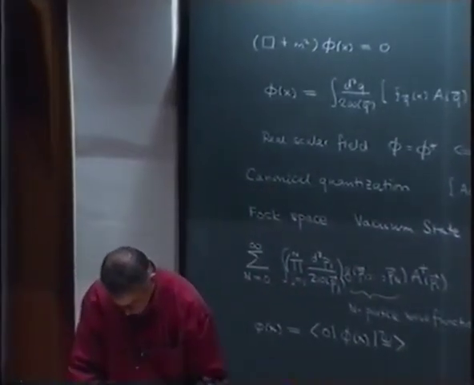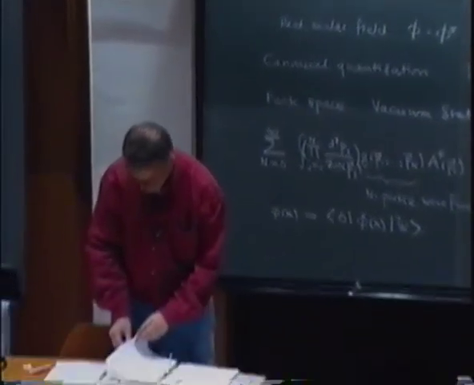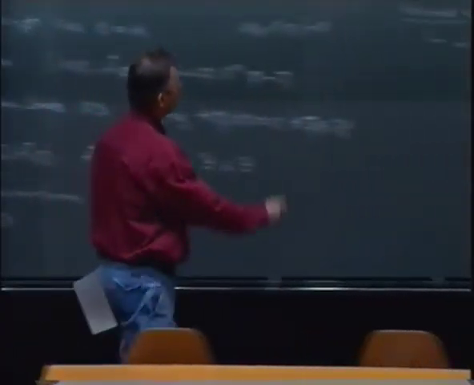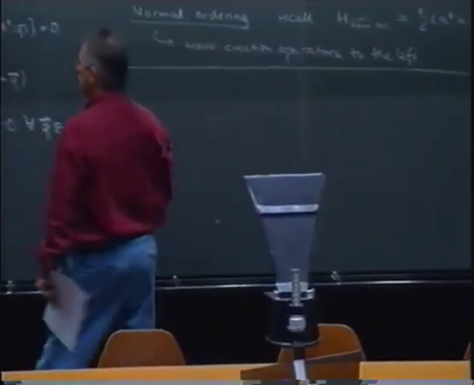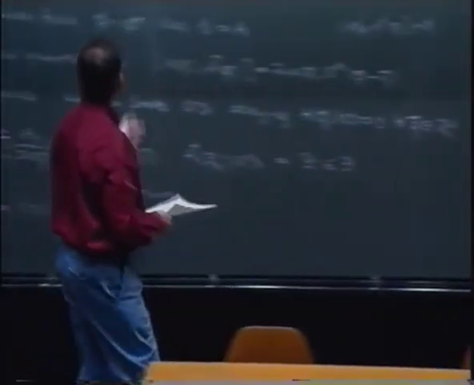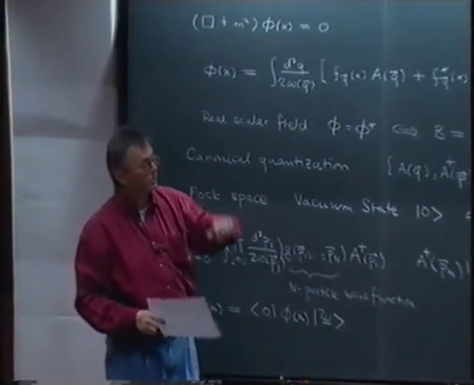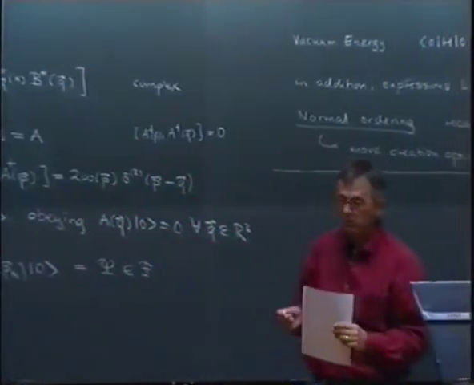Well, we're almost at the end of this chapter, but there are two more things I wanted to say. The canonical quantization involves going from the Lagrangian to a Hamiltonian description, and that involves singling out the time variable.